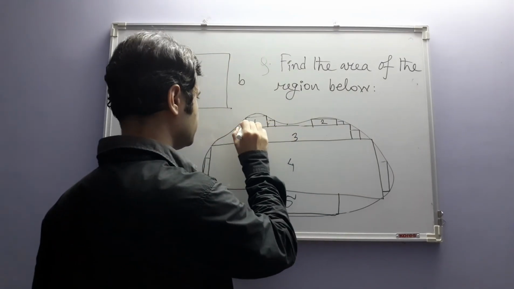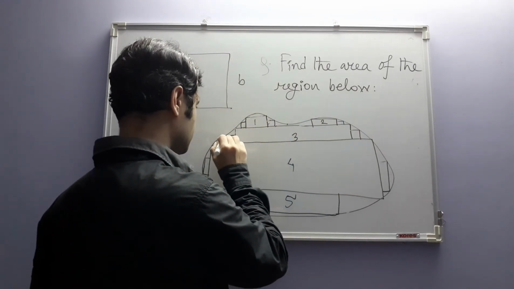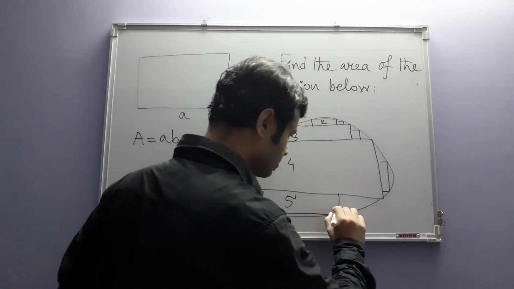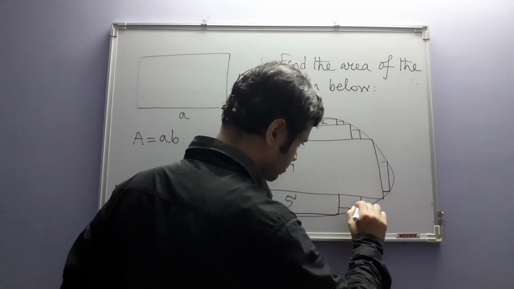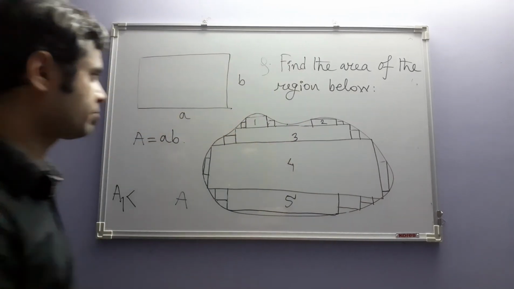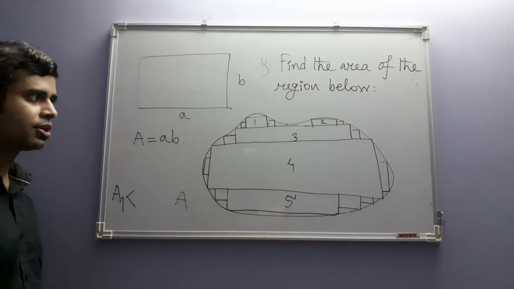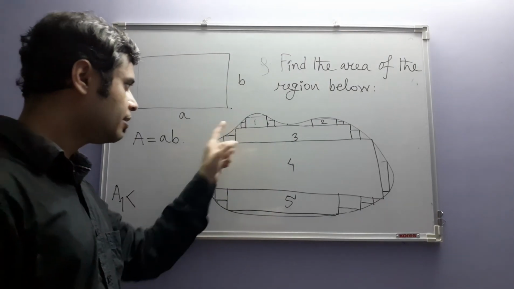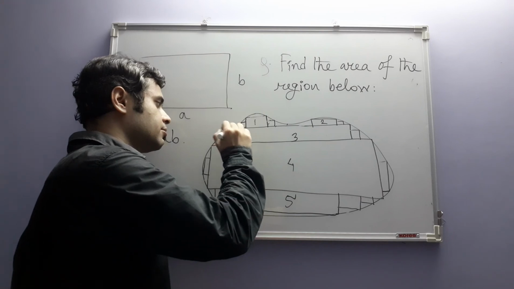Here also, here, here, and here. Here we can draw 2. So now the number of rectangles has increased. You can see that still we are missing some parts.